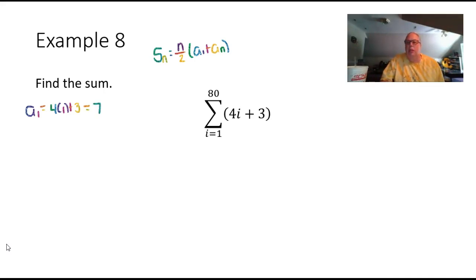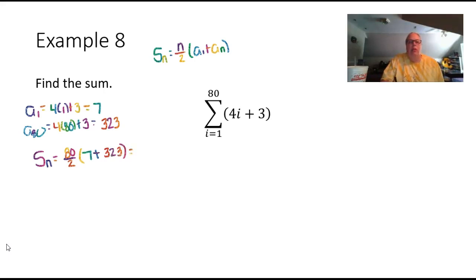Now an, this is the last term of my sequence. We're going all the way up to 80. So the 80th term is going to be 4 times 80 plus 3. And that's going to give me 323. Now when we find the sum, there are 80 terms altogether, so we'll have 80 divided by 2 times the first term plus the last term.